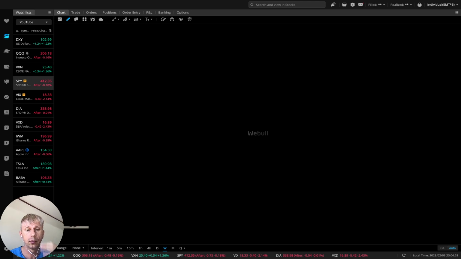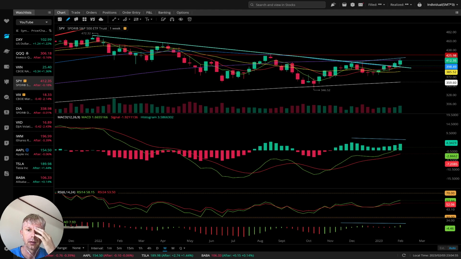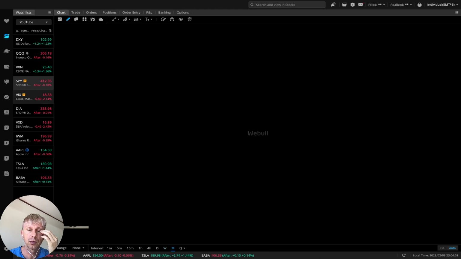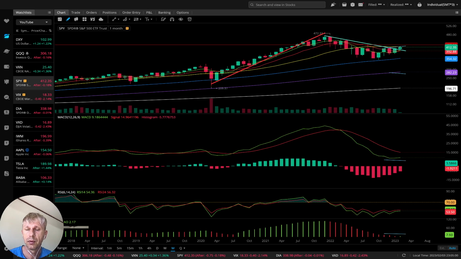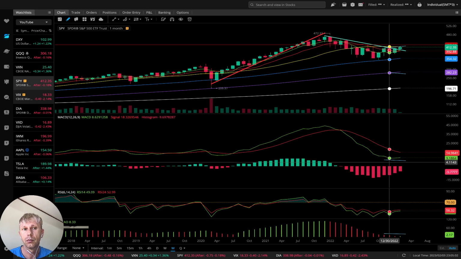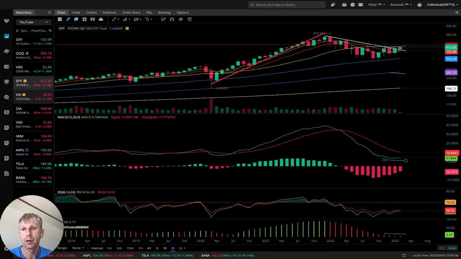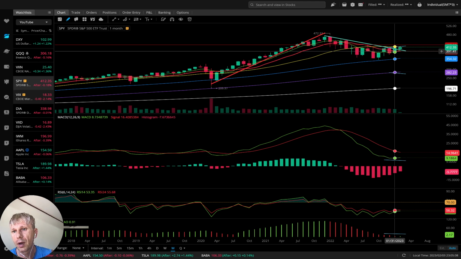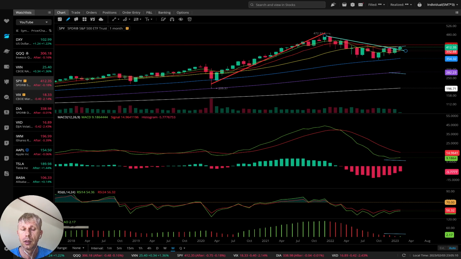Let's move to the monthly time frame for SPY. SPY monthly time frame still bearish, but MA5 already did a bullish crossover on SPY.